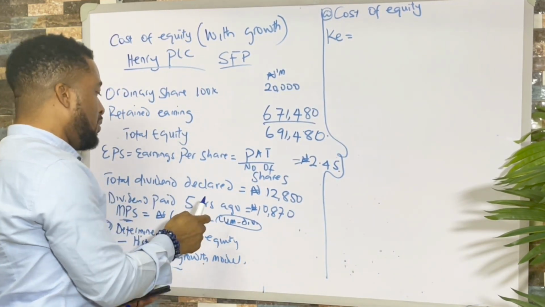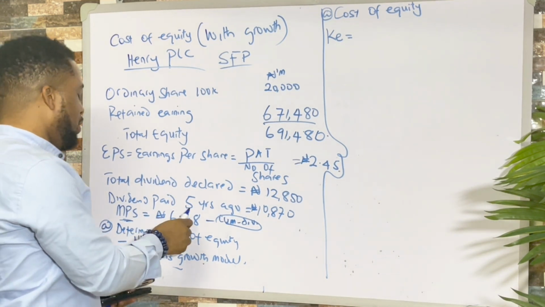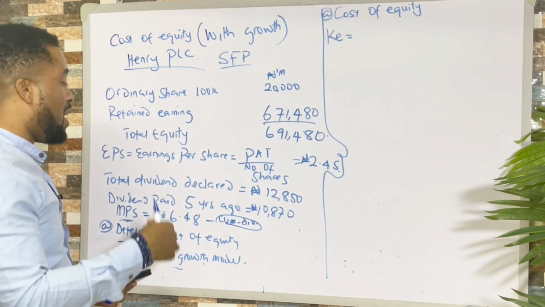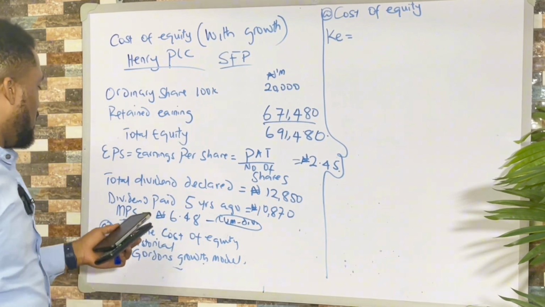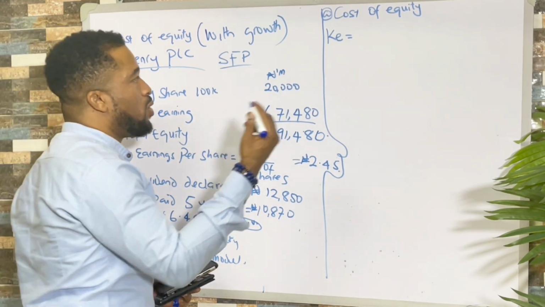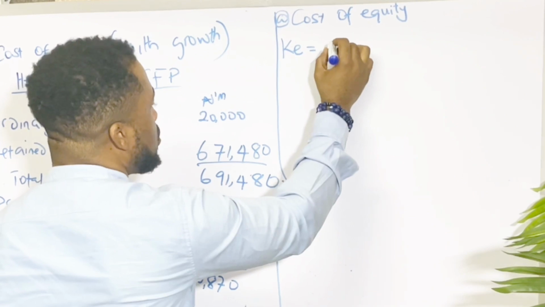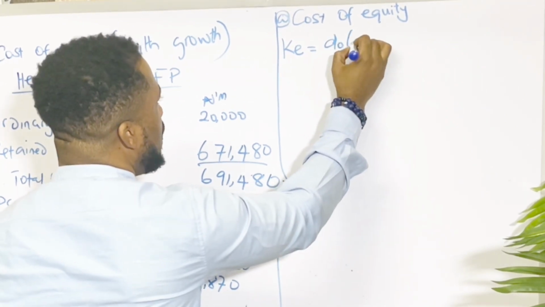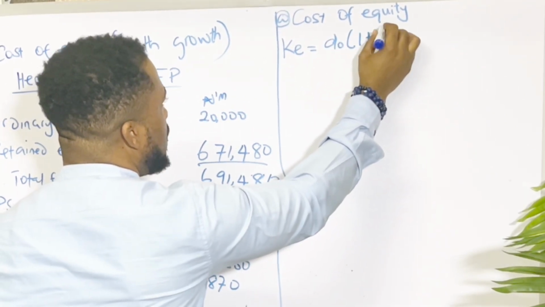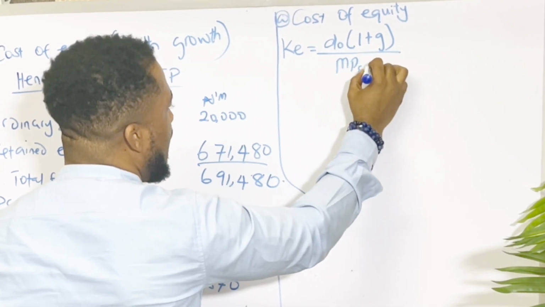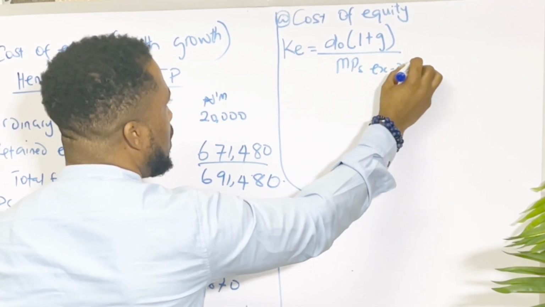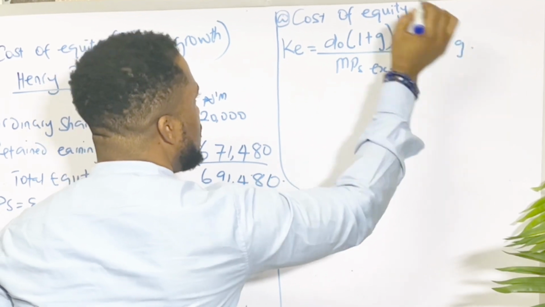Anytime they start giving you dividend trend or the profit for the year, retained earnings, they know that you are required to calculate your growth. So when you have growth, our KE becomes D0 into (1 plus g) divided by MPS ex div, then plus g.